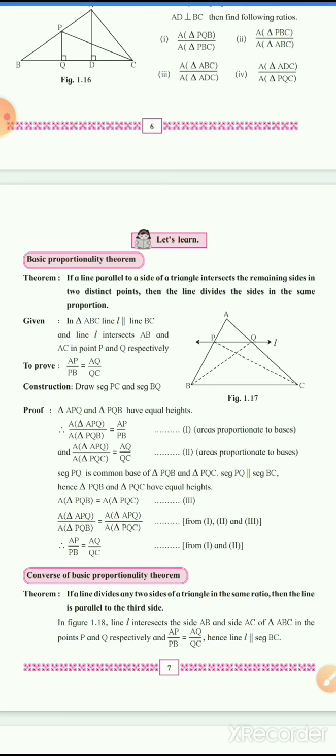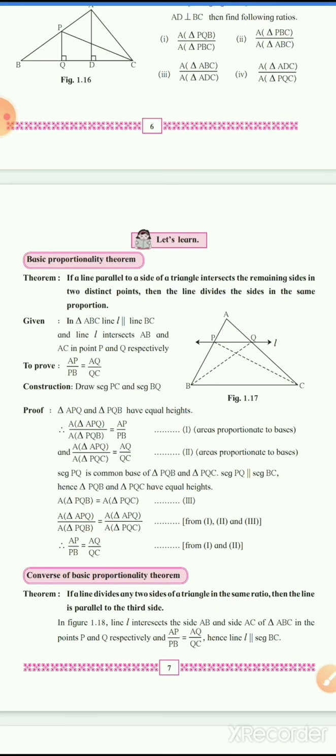So first of all we have to draw a figure, means triangle ABC, then line L is parallel to segment BC.